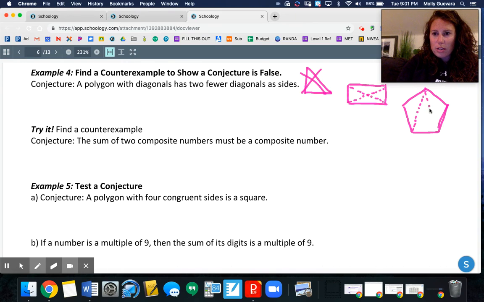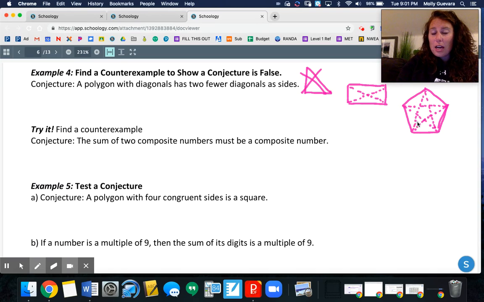So there's 1, there's 2, there's 3, there's 4, and there's 5. So this is a 5-sided shape, but it has 5 diagonals. And that goes against this conjecture, because if this conjecture was true, a 5-sided shape would have 3 diagonals. And here I have 5.